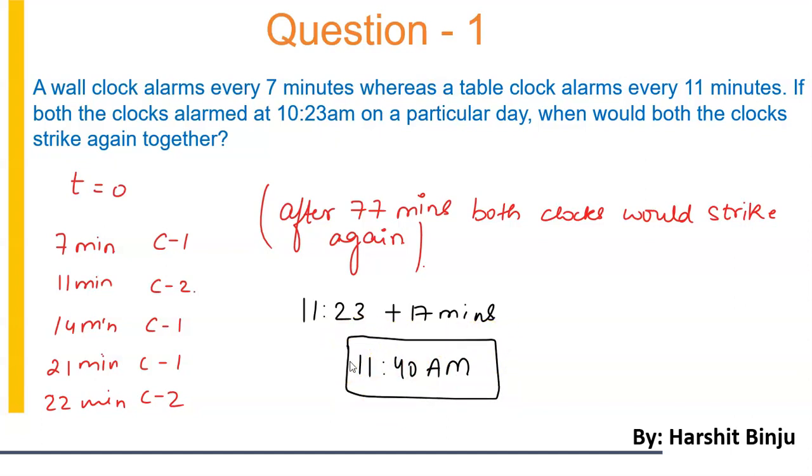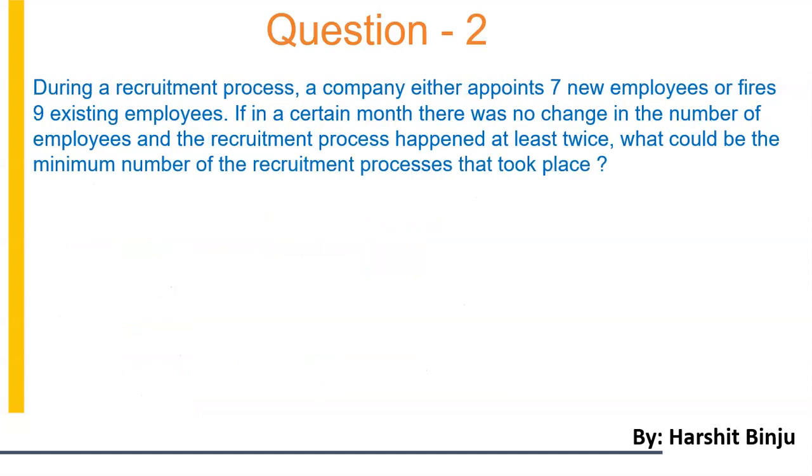So at 11:40, the two clocks are going to strike again. This is how you need to figure out whether a question is of SCM or SCF, or whether it is of LCM. Okay, let's move on. Let's try question number 2.